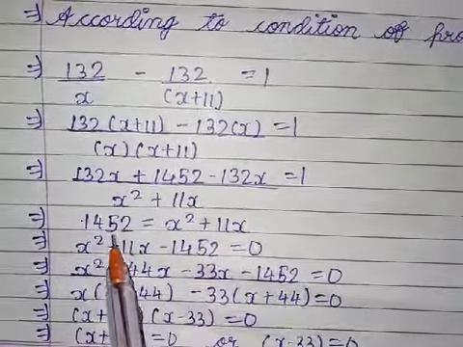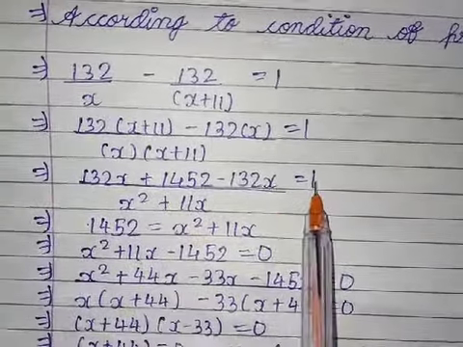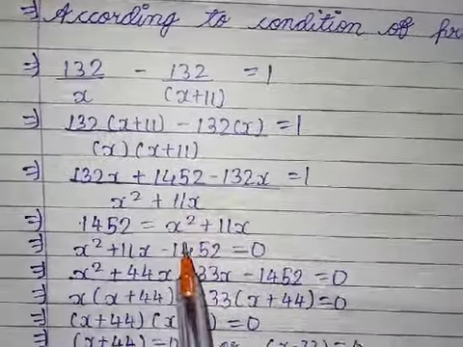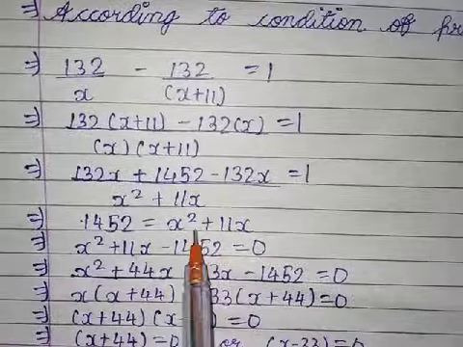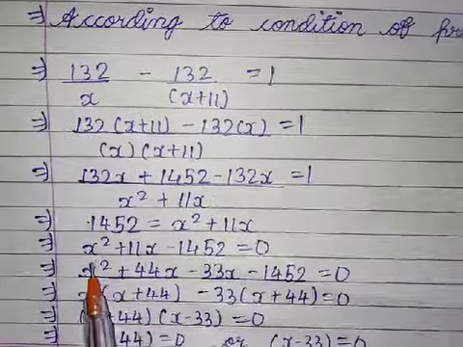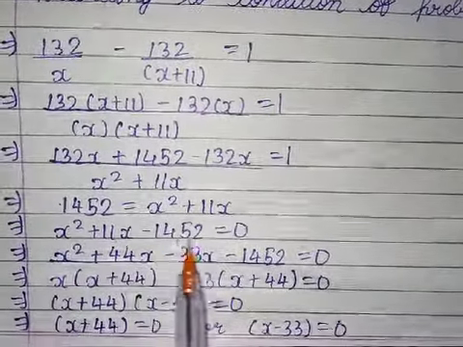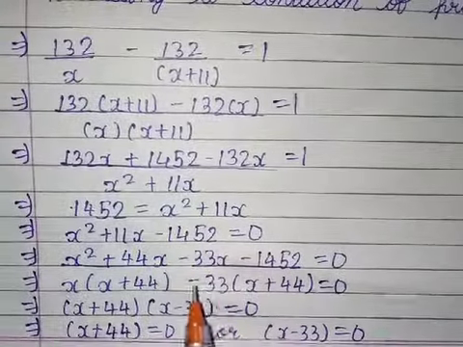Remaining will be 1452 is equal to x square plus 11x. So x square plus 11x minus 1452 is equal to 0.